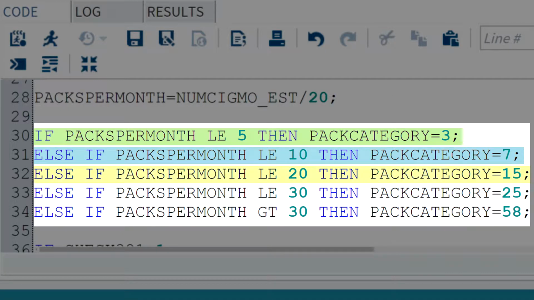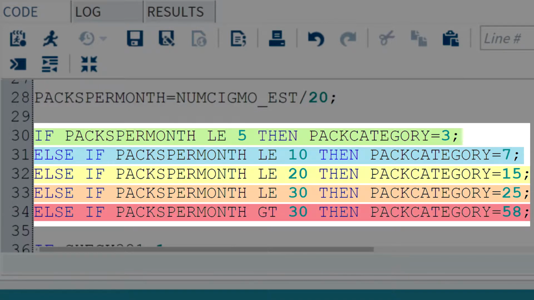Else if packs per month is less than or equal to 20, then pack category equals 15. Else if packs per month is less than or equal to 30, then pack category equals 25. And finally, else if packs per month is greater than 30, then pack category equals 58. Again, 58, if we examine the frequency distribution, is roughly the quantitative midpoint.